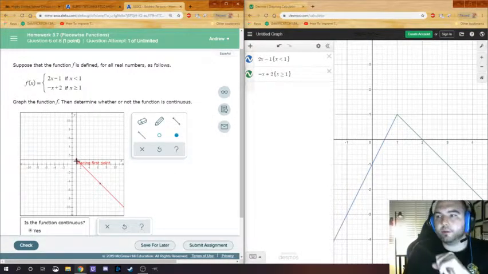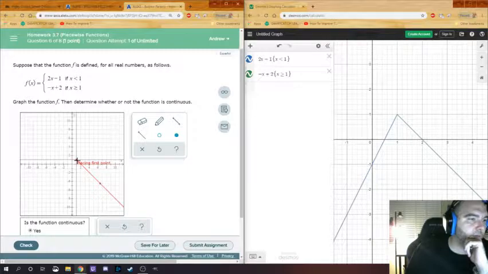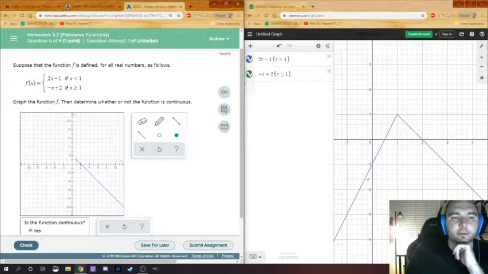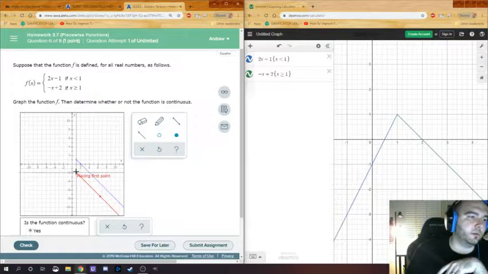And then this green one, the green one on the right over here, is going down 1 and over 1. So I will click where it says place first point, down 1, over 1. Perfect. That just made the green line. The blue line, on the other hand, is down 2 and left 1. So I'm using the grid to very specifically find points. Down 2... Oh, I gotta click the original. Down 2, left 1.